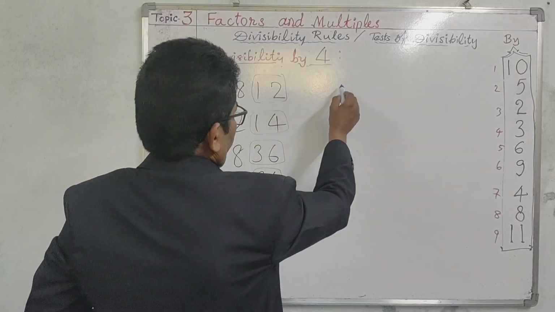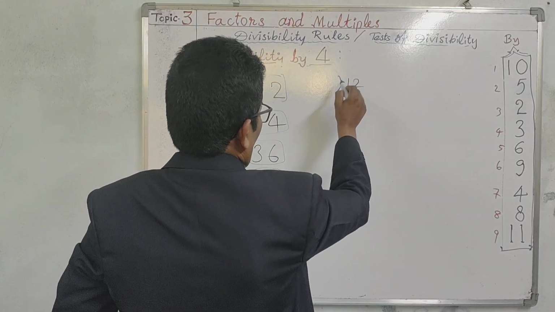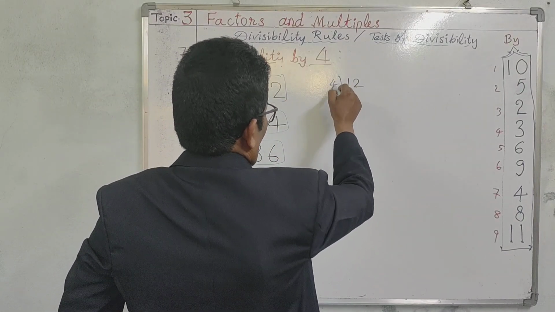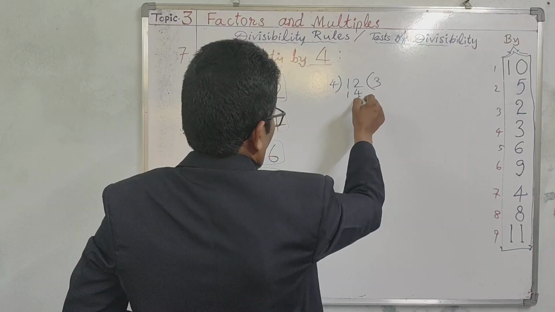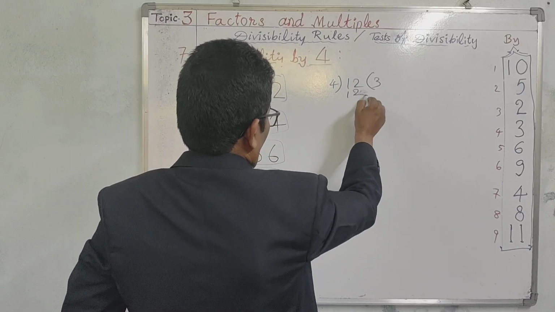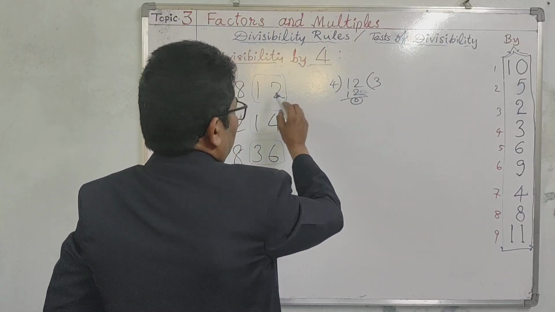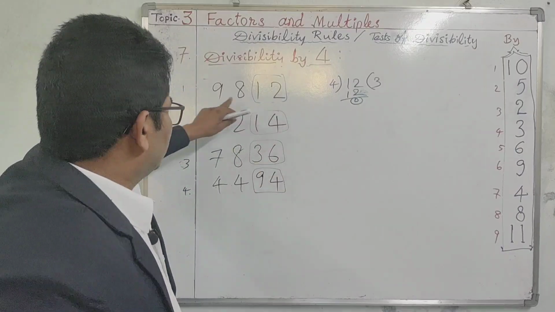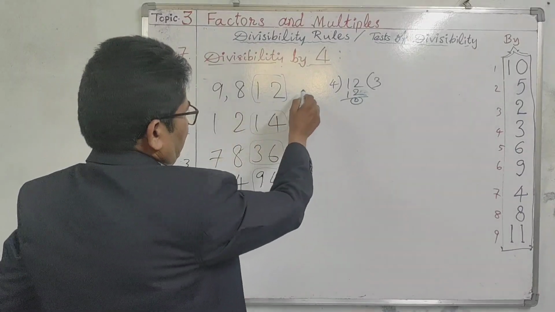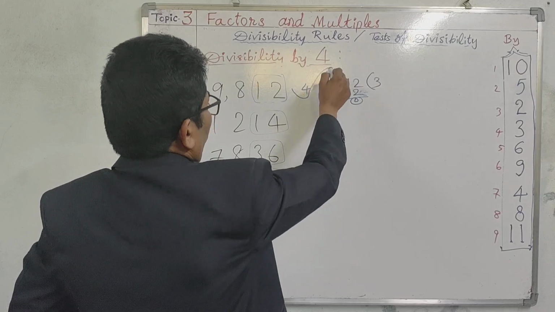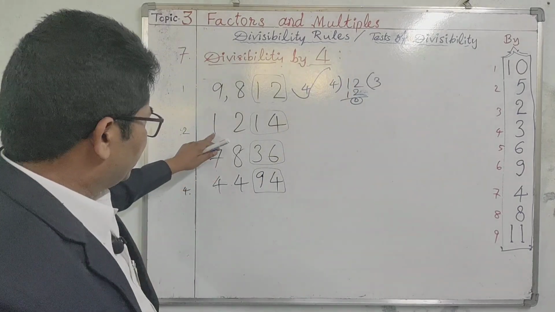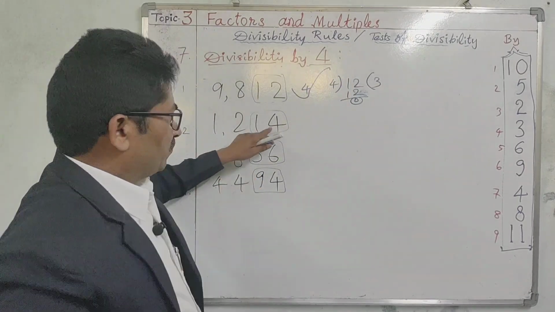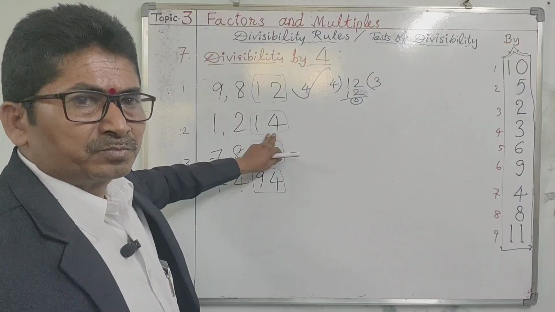We can check this. Is 12 divisible by 4? 4 threes are 12. So 12 is exactly divisible by 4. That's why this 9,812 is also exactly divisible by 4. Next, is 1,214 divisible by 4?